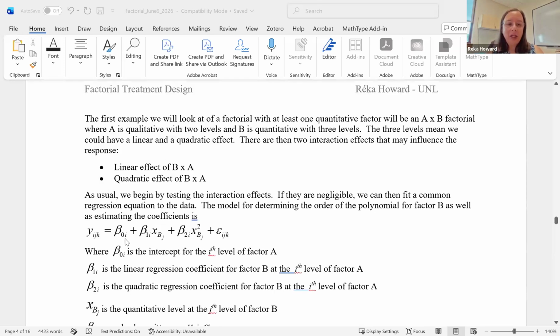I will include this index i, and then I have this B j, so I'm actually including the qualitative factor A too. Again, we had three levels for B, so that's why we have the intercept, the linear effect, and the quadratic effect.